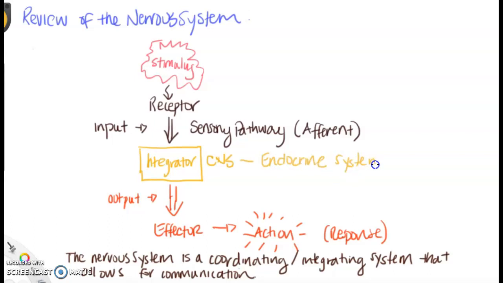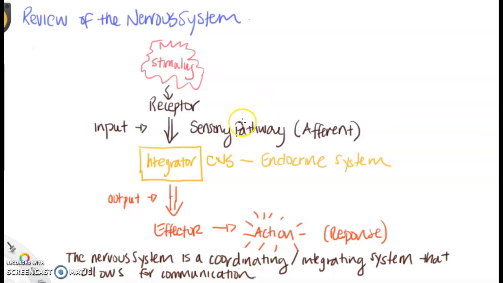So in the central nervous system, that integrator is going to be brain, spinal cord. In the endocrine system, it's going to be glands. Okay, but it's still the same thing. It's still going to integrate some kind of stimulus and then send a response. The response is going to be in the form of a chemical called a hormone instead of an impulse, which is what the nervous system would send.